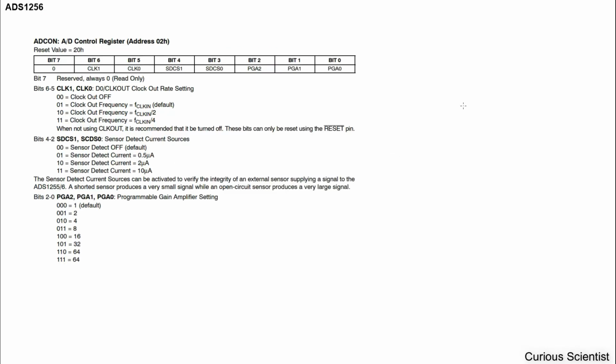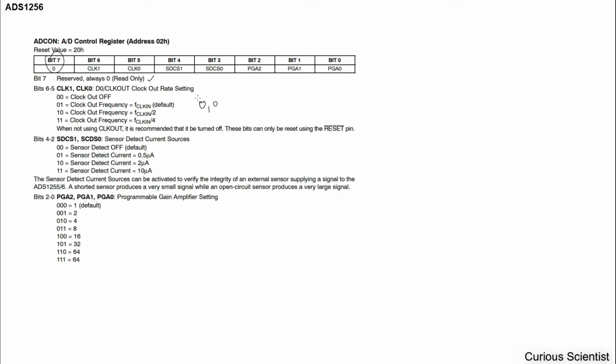And the next register is the AD converter register, so 8 bits again. Bit 7, the first one here, is always 0, so we are done with that. Bits 6 and 5, we don't care about, so we keep both of them 0 and 0, because we don't want to use this.